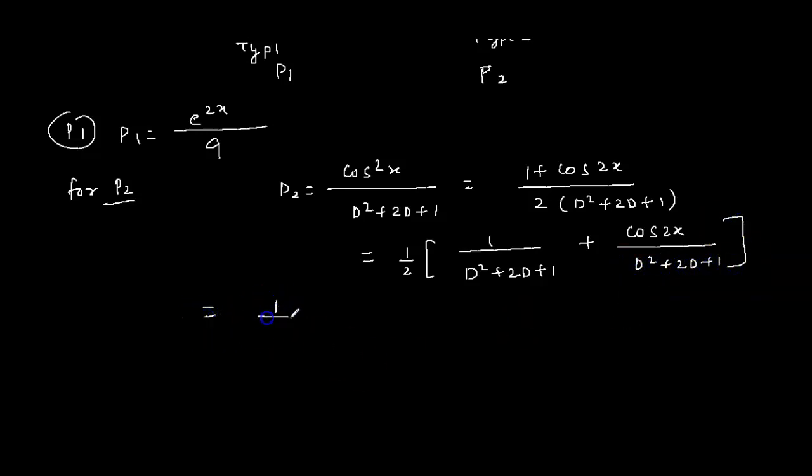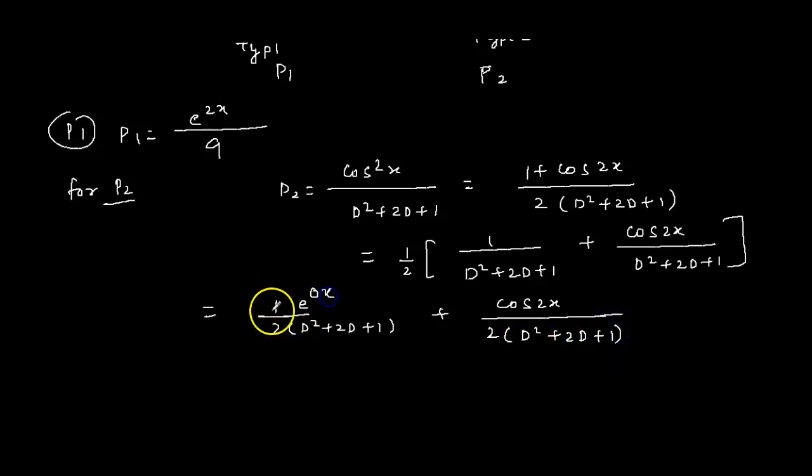So this is 1 by 2 into D square plus 2D plus 1, and this is cos 2x by 2 times D square plus 2D plus 1. Any doubt till here? So here the first is the first type only; I can write e power 0x, a constant. D replaced with 0, so this is 1, and we get 1 by 2 plus this one.